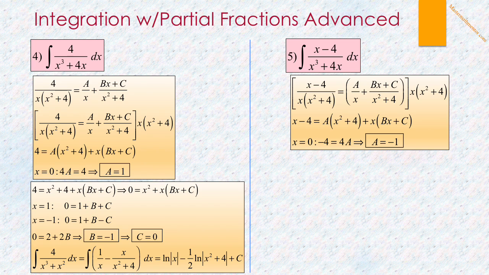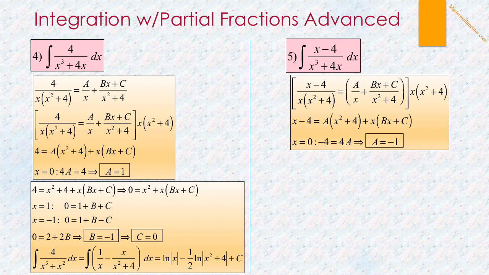So we write (x - 4)/(x(x² + 4)) as A/x + (Bx + C)/(x² + 4). We will multiply both sides by x(x² + 4), and we end up getting x - 4 = A(x² + 4) + x(Bx + C).